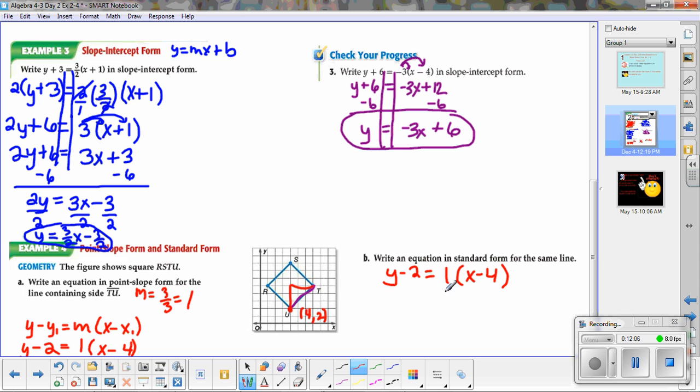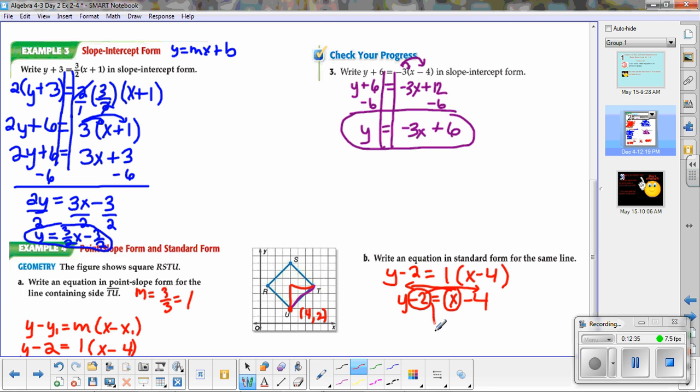And we're going to go ahead and do distributive property, but since it's times 1, it really is not going to change anything. So it's just y minus 2 equals x minus 4. Now to get it in standard form, we want the x and y together on the same side. So we're going to move this x to be over with the y, and we're going to move the negative 2 over to be with the negative 4.